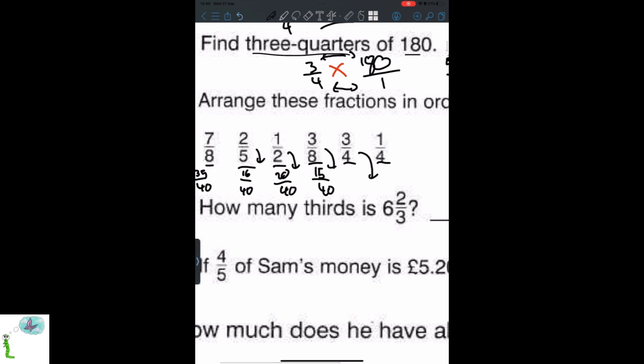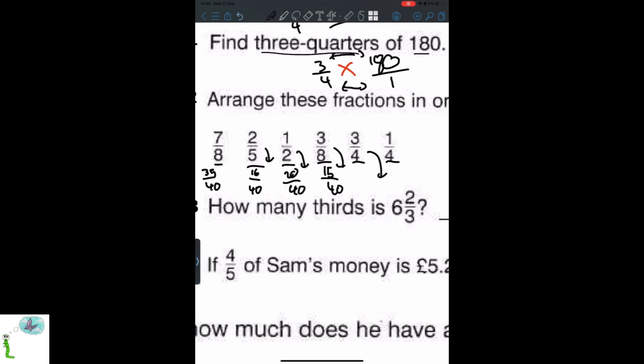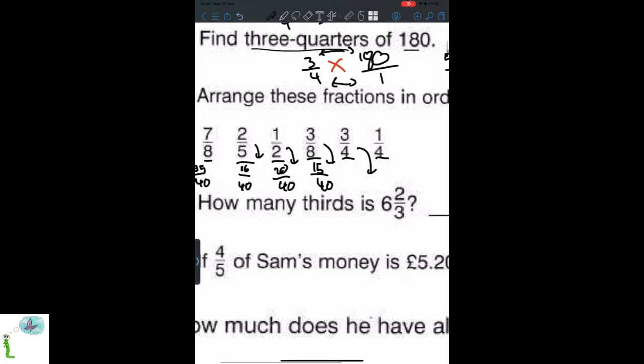Again, if you missed the equivalent fractions and you still don't understand, just go back and watch the example I made. Again, to get from 4 to 40, times by 10. To get the top from 3, times by 10. Hopefully you understand this. Same here. 40, to get the top number, we just times the top number by 10.